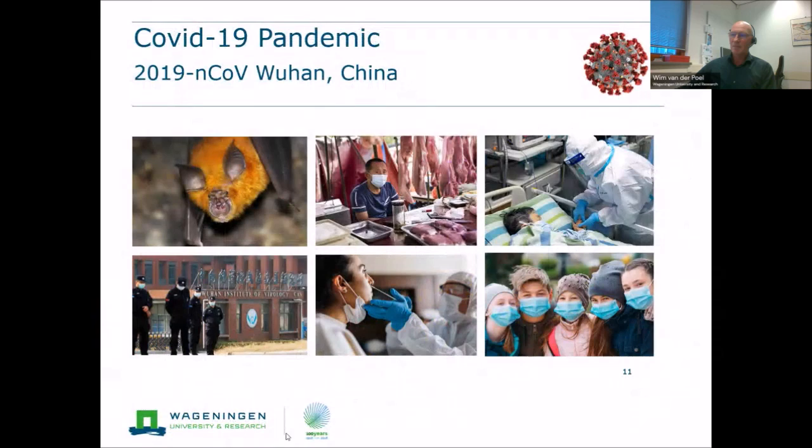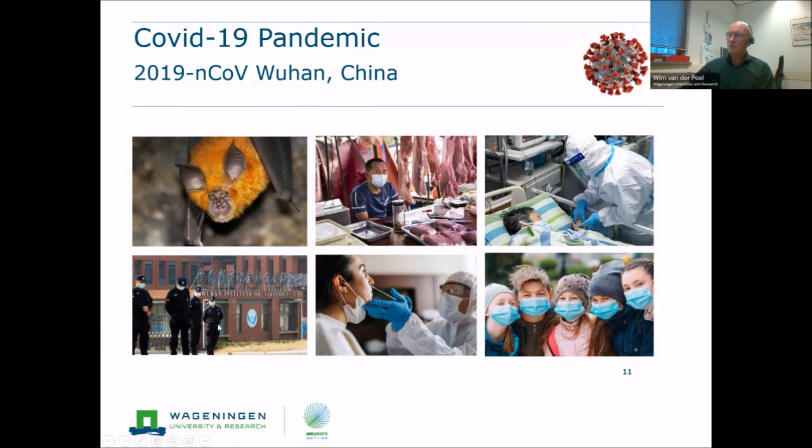Now to the COVID-19 pandemic. This picture shows a number of photos of what we have seen in the pandemic. The reservoir species, the bat, the wet market where first cases of COVID-19 were seen, severe infections and overcrowding of IC units in hospitals.